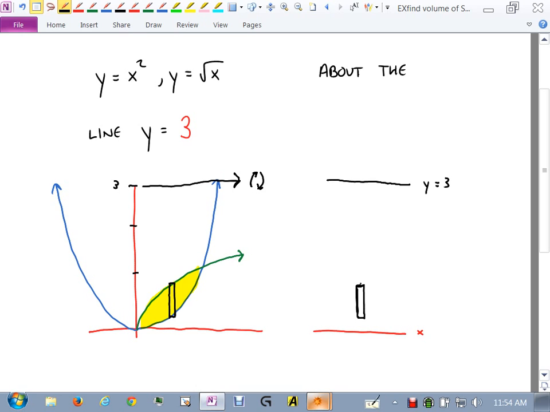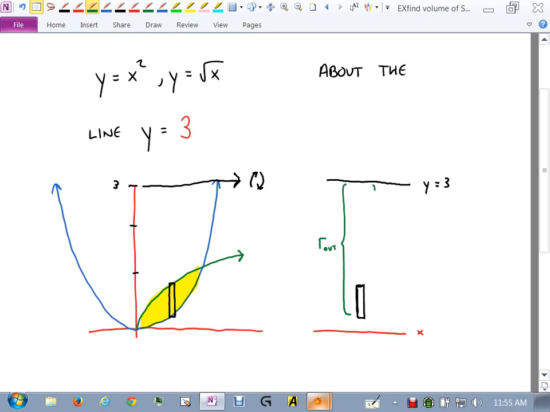You with me? Okay, we need to get an outer radius. The outer radius is the distance from the axis of rotation to the outer edge of the rectangle, right? Which is this distance from here to here. That's my R out, right?